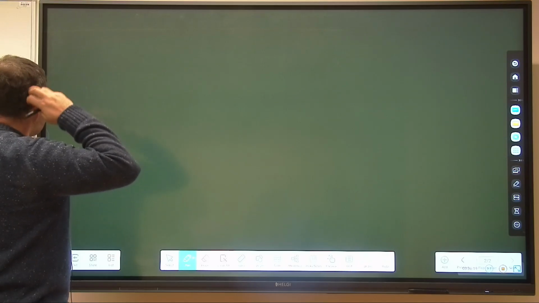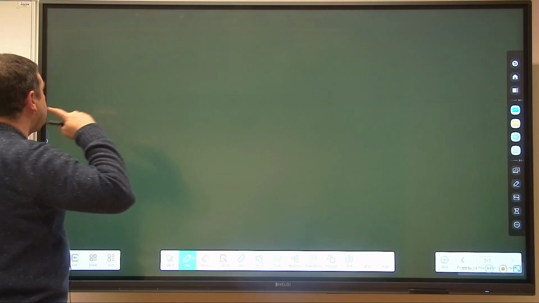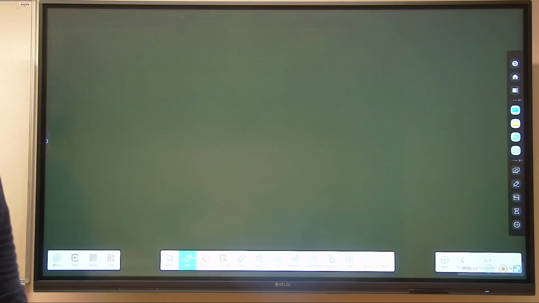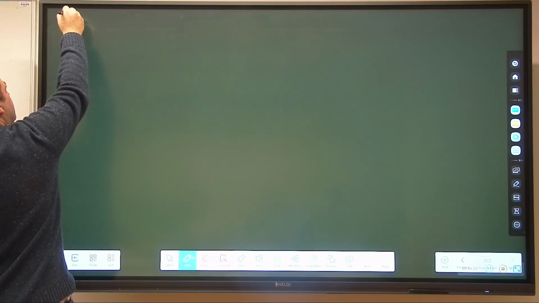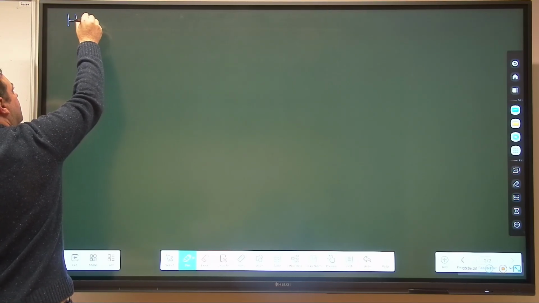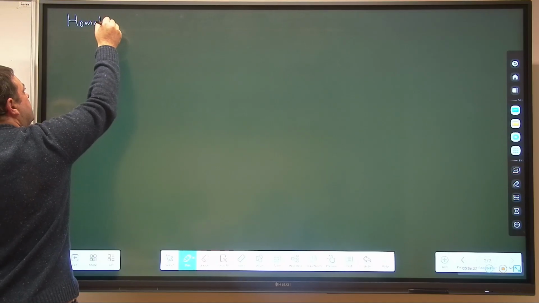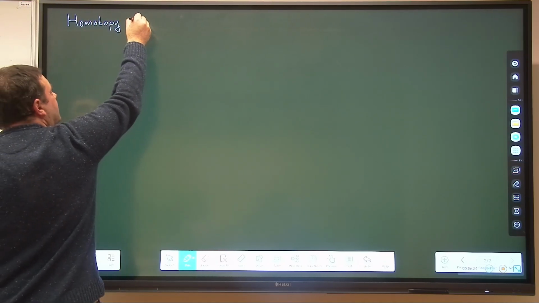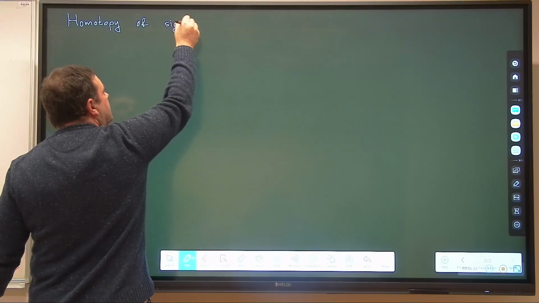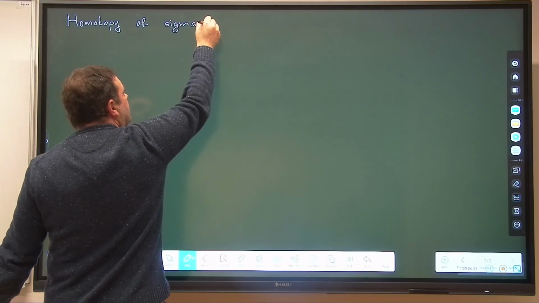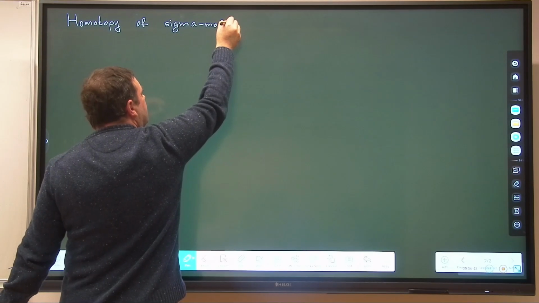And there is a special table, it doesn't matter how it's called: homotopy of sigma model manifolds.